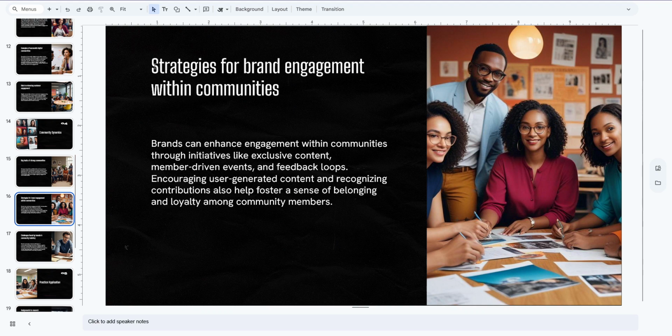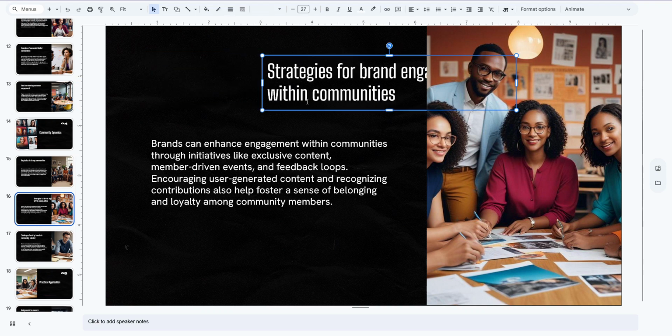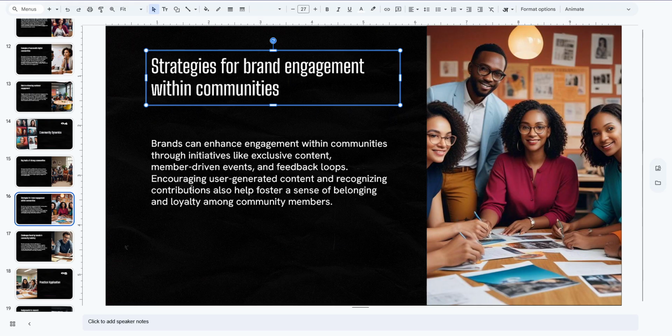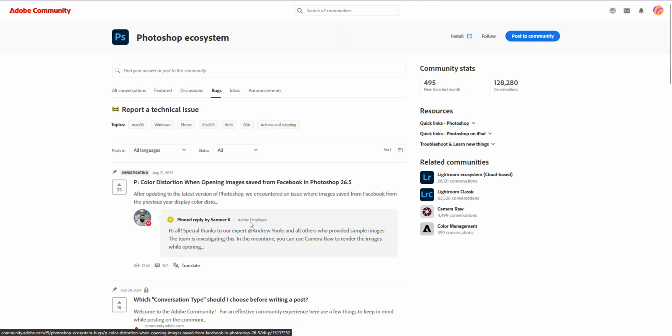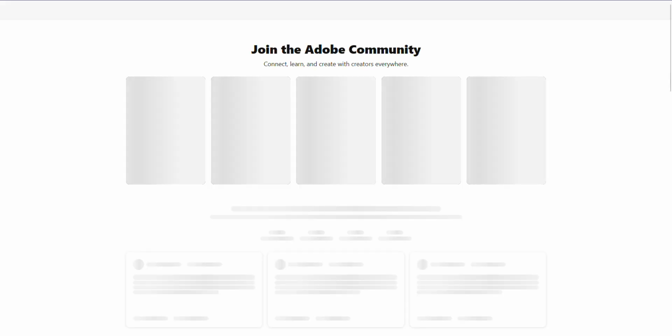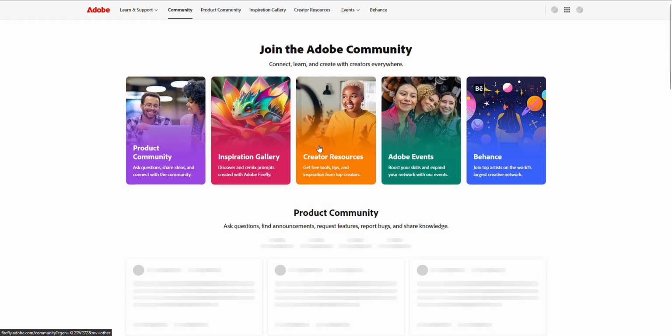So strategies, how you can keep the communities engaged. Brands can enhance engagement within communities through initiatives like giving exclusive content, member-driven events, and feedback loops, thus by replying itself. Again, we come back to Photoshop, because the Adobe community is a good example.